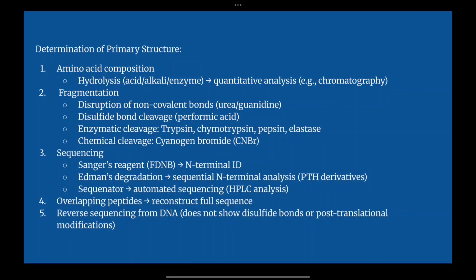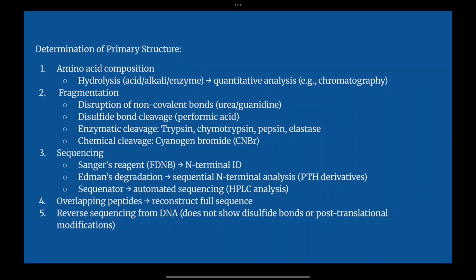So simple breaking of non-covalent bonds will provide urea or guanidine as the byproducts. If there is a disulfide bond, cleavage can also be done by adding performic acid, which gives a disulfide bond cleavage, and this helps determine the primary structure of the protein.